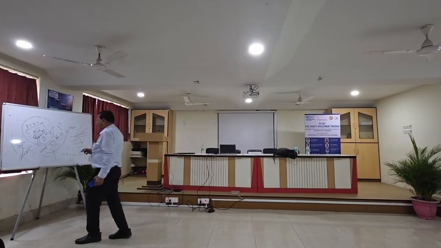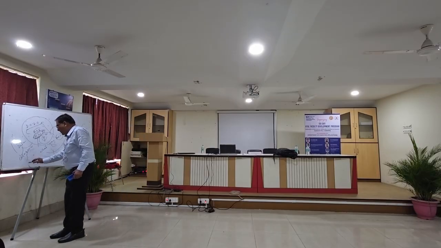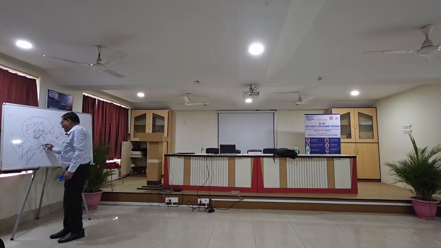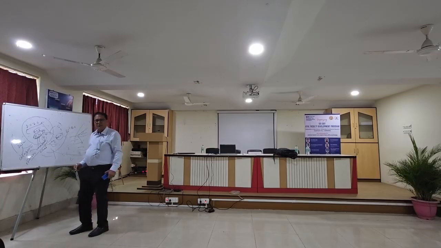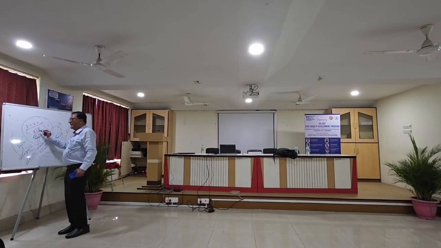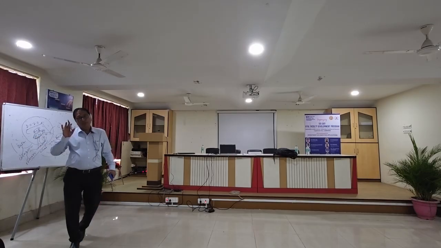And categorical data, one is ordered categorical, another is unordered categorical. A categorical data we can say is grouping data.